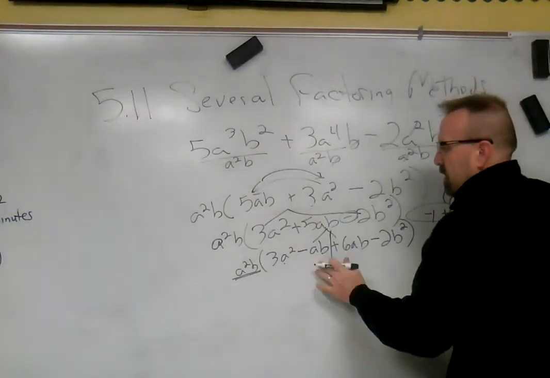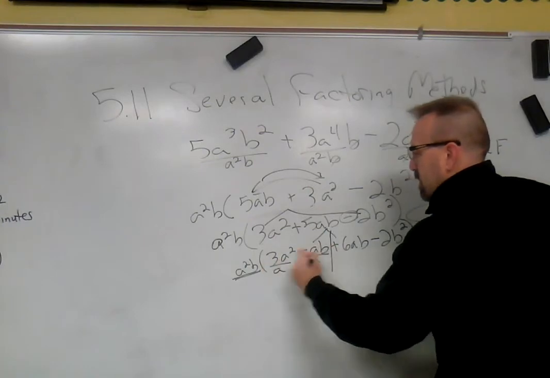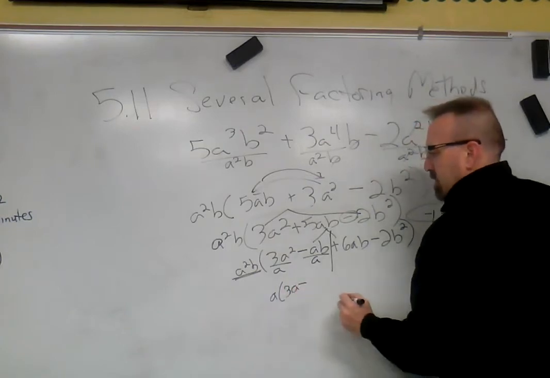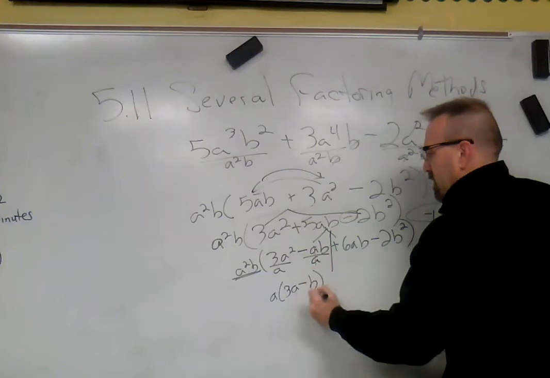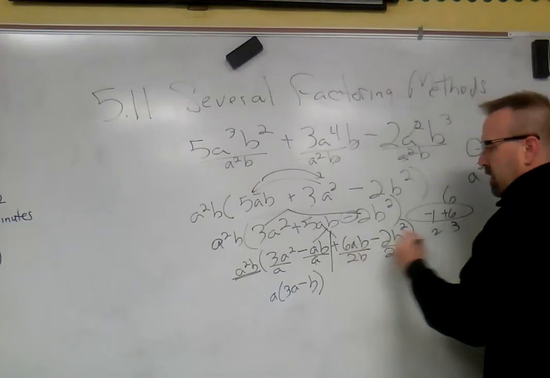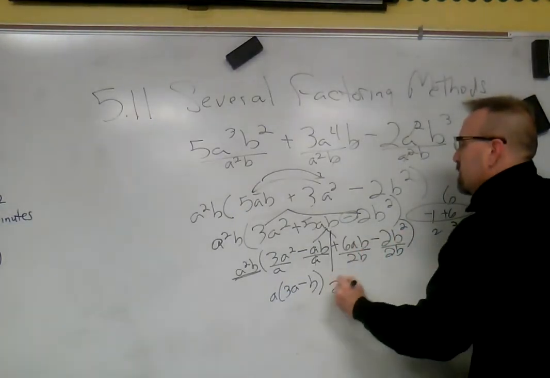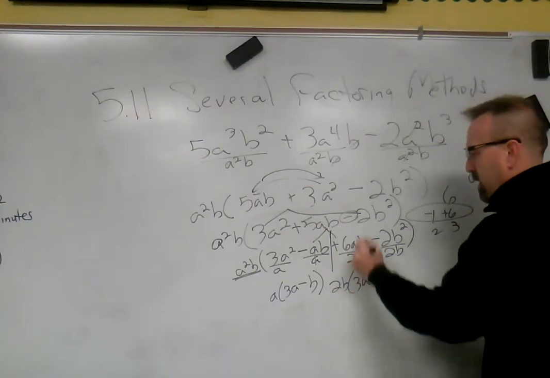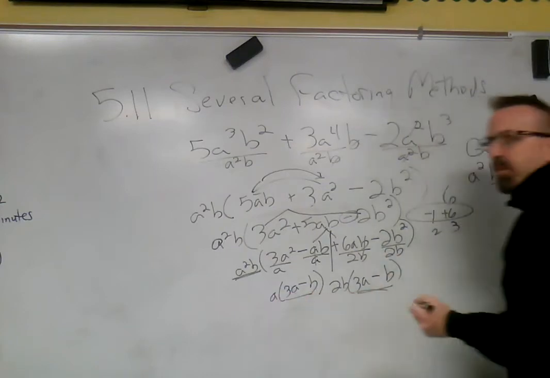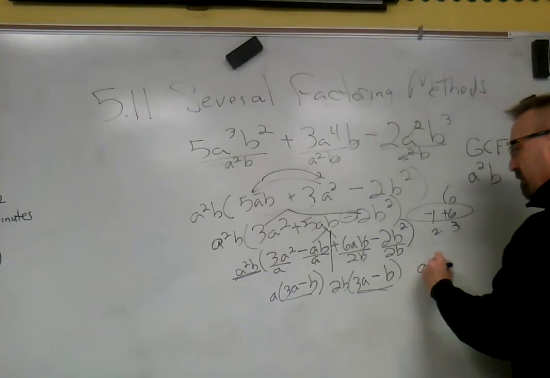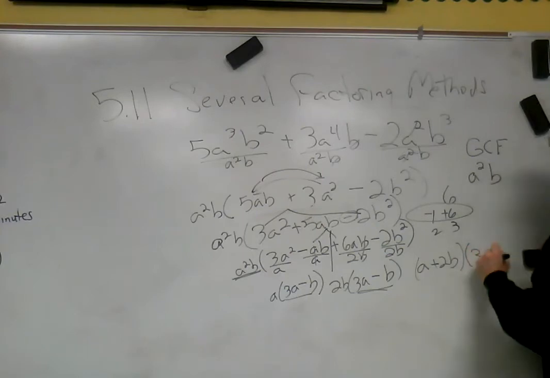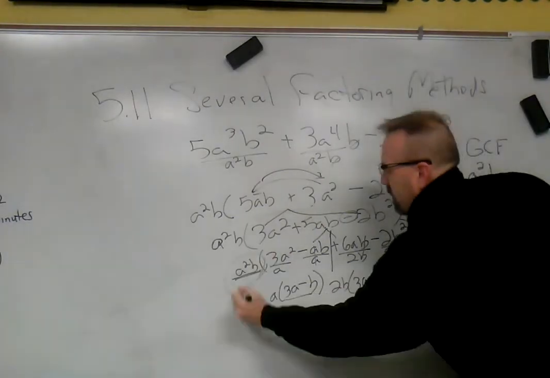A. So if we take out an A, we get 3A minus B. Here we have 2B in both of them, so they both have B. Taking out 2B leaves 3A minus B, which is exactly the same. So we get A plus 2B and 3A minus B.